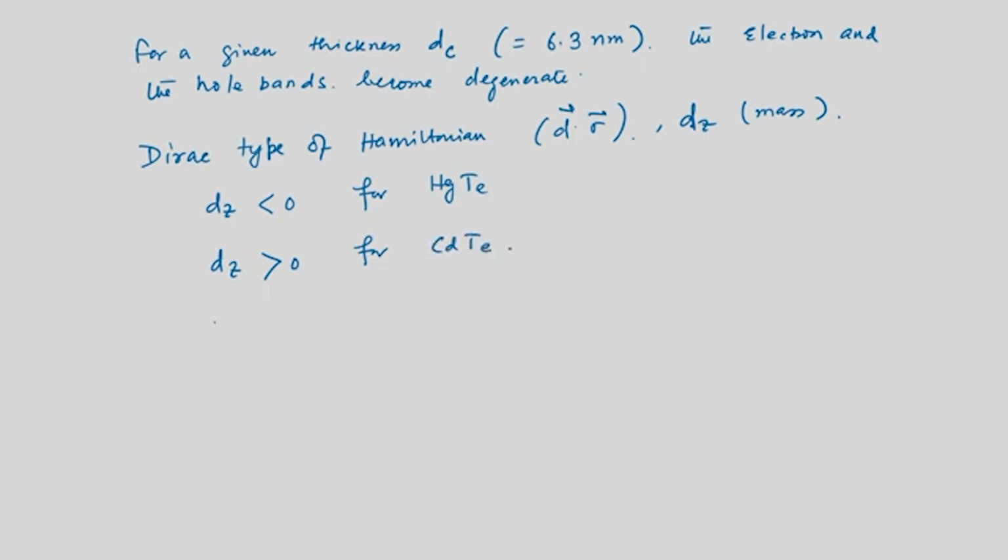So at the degenerate point, dz is equal to 0, where one sees the gapless Dirac fermions at the interface.